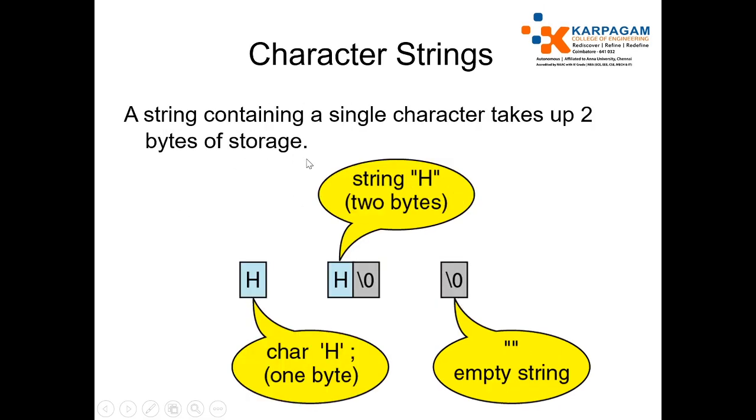A string containing a single character takes up 2 bytes of storage, because we add an empty string at the end. For storing one character, it takes 1 byte. For storing \0, it takes 1 byte.